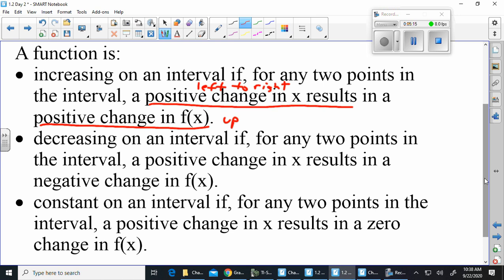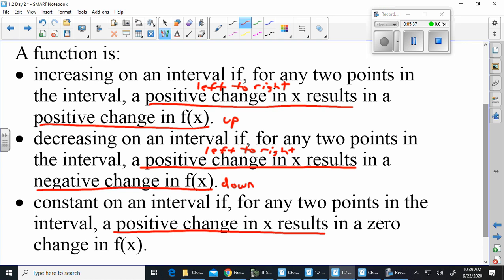It's decreasing if a positive change in x, which is left to right, results in a negative change in y, which would mean it's going down. And it's constant if a positive change in x, which is left to right again, results in a zero change. It stayed the same. So that's the mathematical definition, but just think, going left to right, is it going up? Is it going down? Is it staying the same?